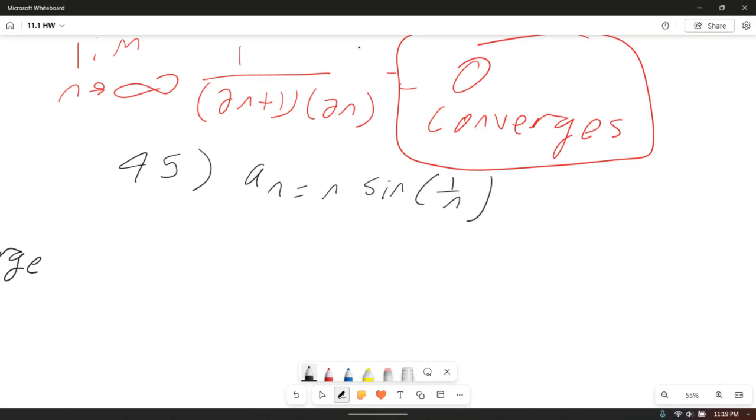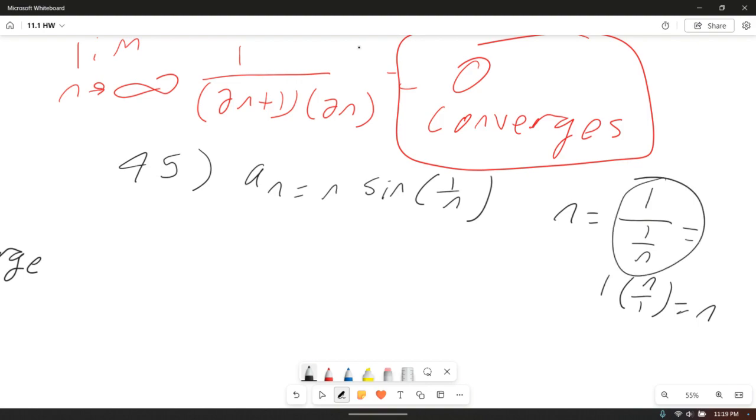Well, algebraically, n equals 1 over 1 over n, right? Because dividing by a fraction is the same thing as multiplying by its reciprocal. So this whole thing still equals n, just a different way of writing it.